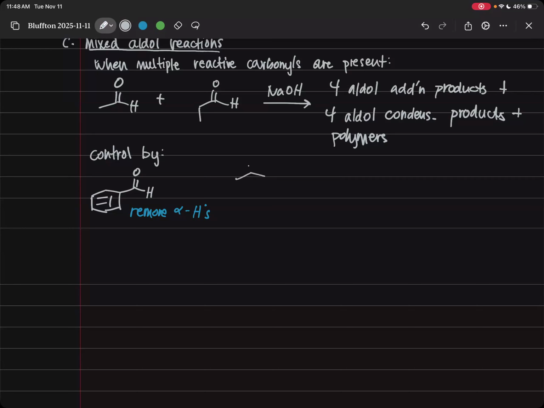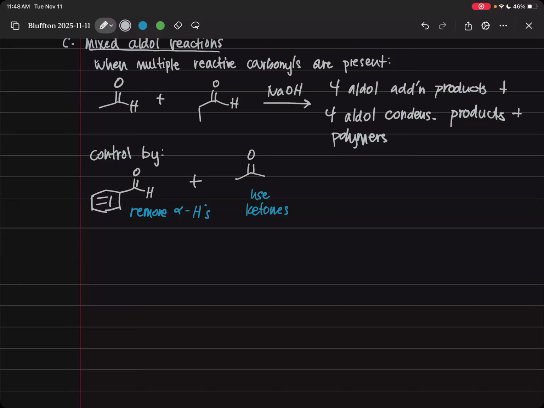Or you can use a ketone. Ketones react more slowly. And they only do aldol condensation reactions, not aldol addition.